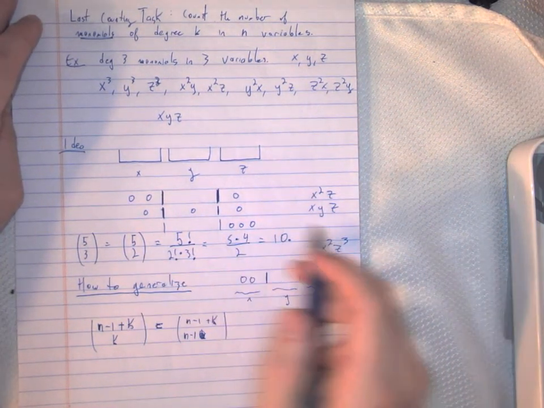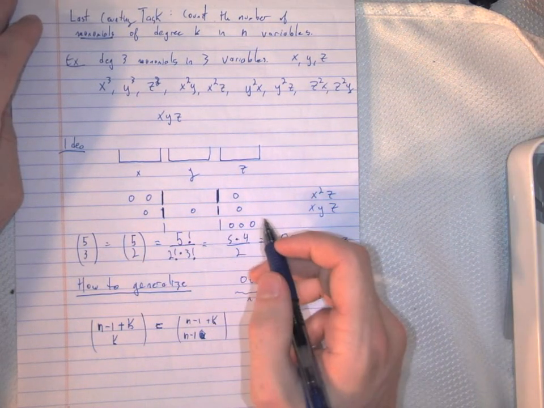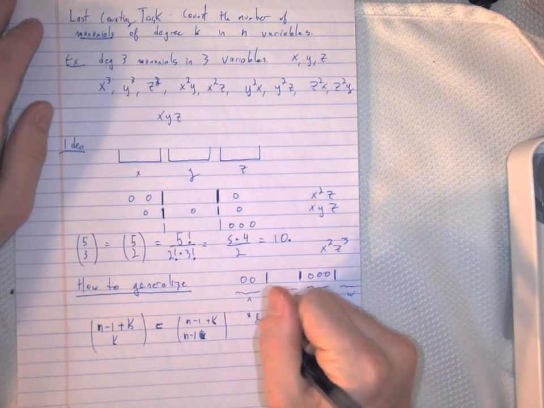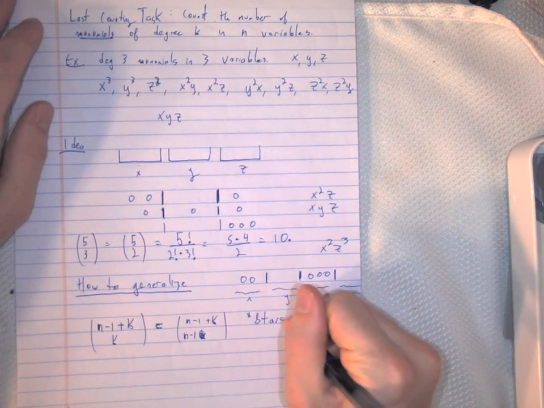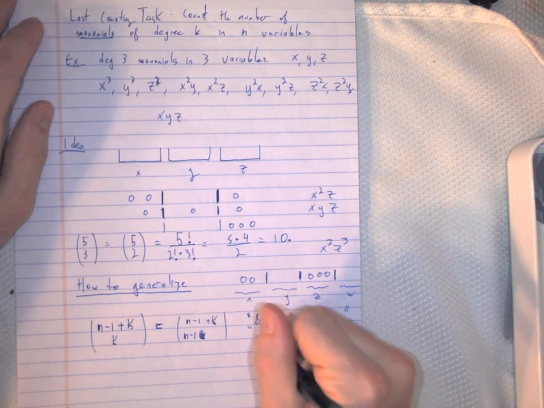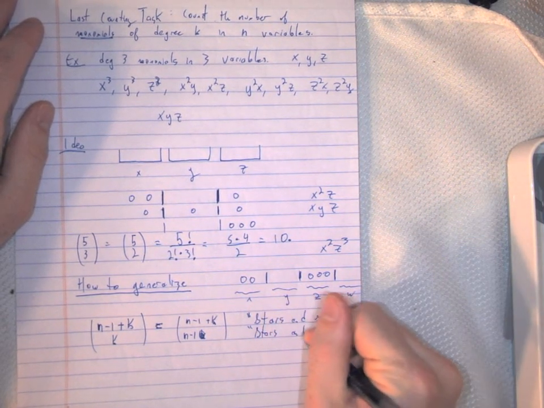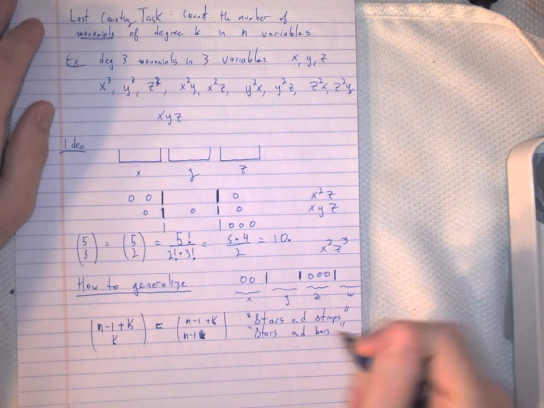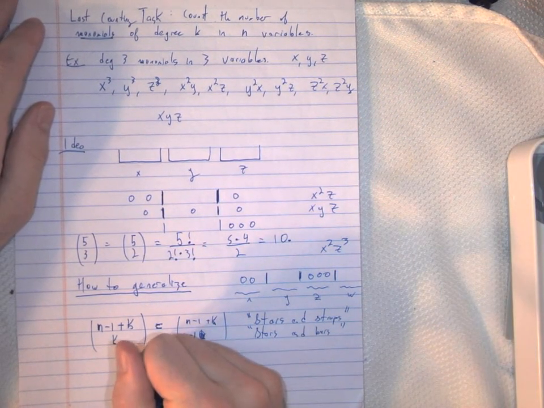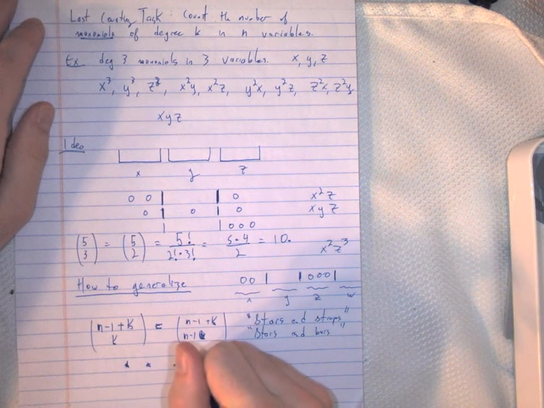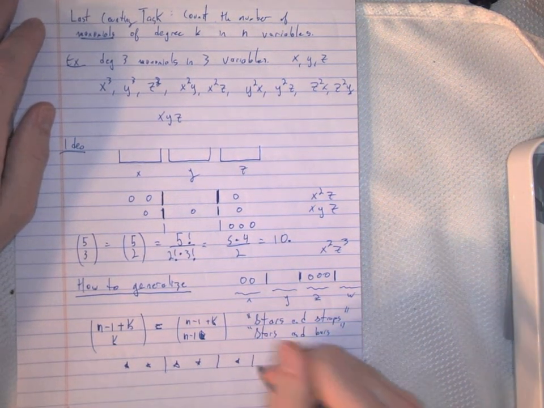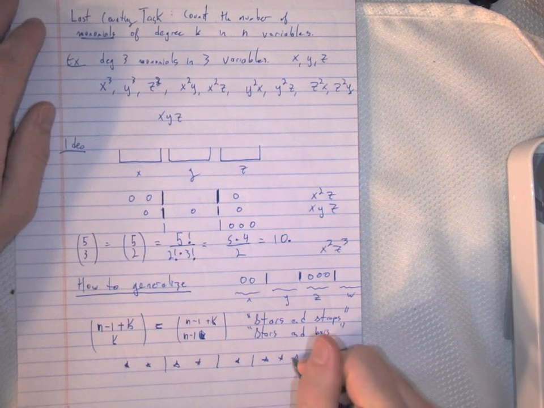And this idea of partitioning things like this is called stars and bars, because it's, I suppose, nicer to draw stars than to draw zeros. But the idea is, once again, you're looking at bit strings, right?